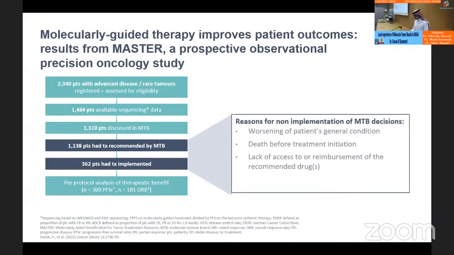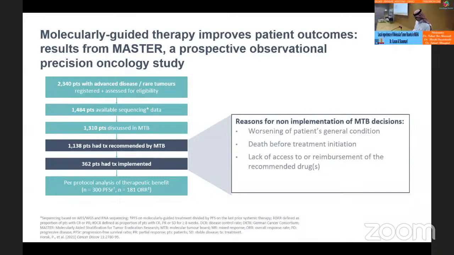Another example of perhaps a group that are doing something similar to ours is a German group. They call it a master protocol. It's a prospective observational precision oncology program where they sequenced almost 1,500 patients. 1,300 patients were actually discussed in their molecular tumor board.